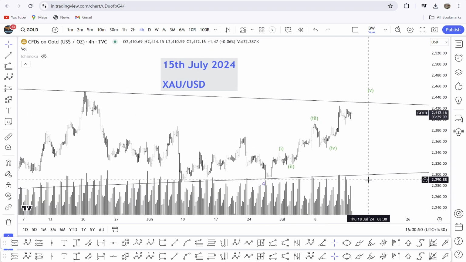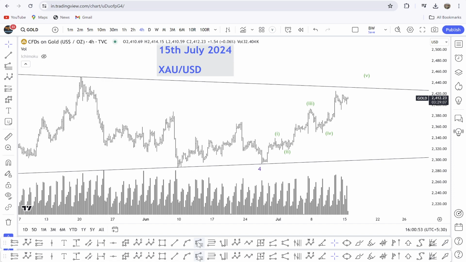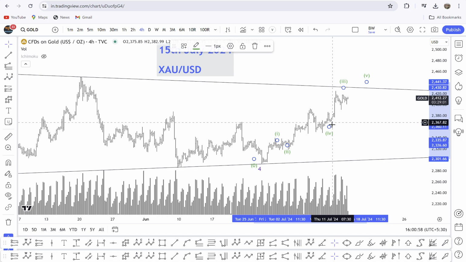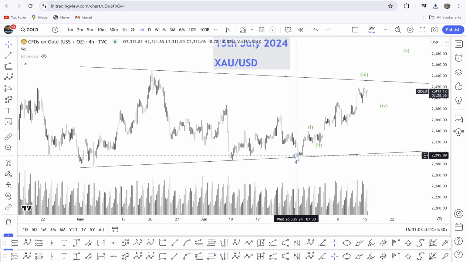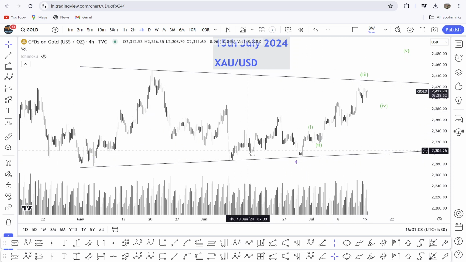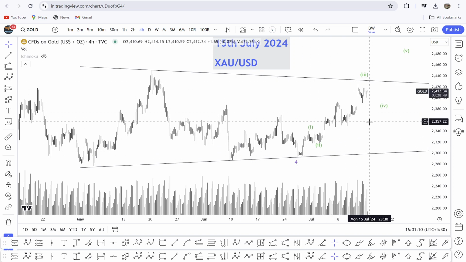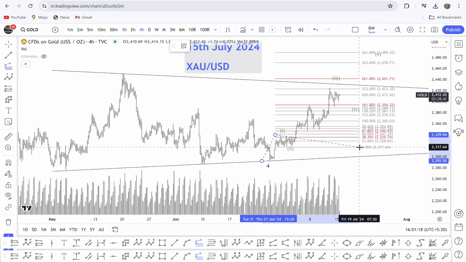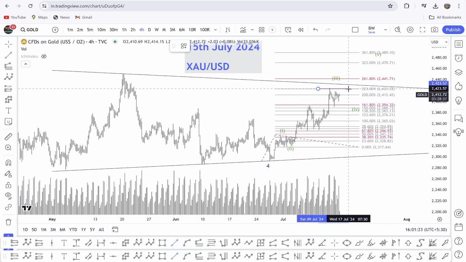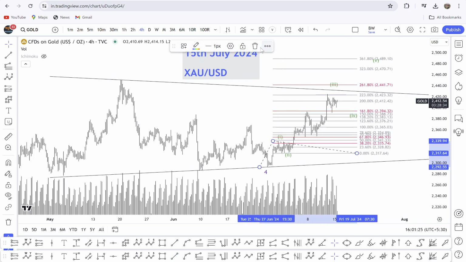Let's now count this view. I'm shifting. This is the third wave continuing. Either it's a C wave or a new impulse wave. If it is a C wave, then it's A, B, and C, exactly near the 223 percentage.